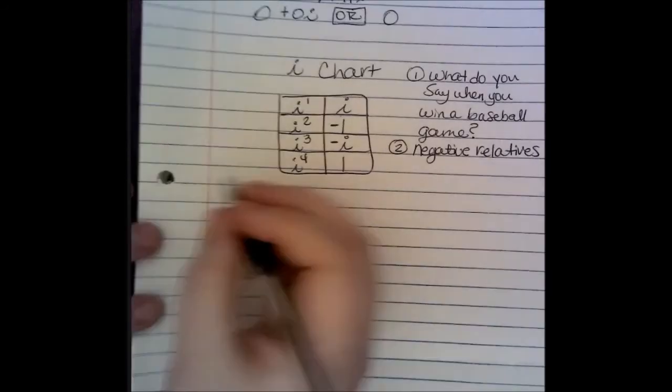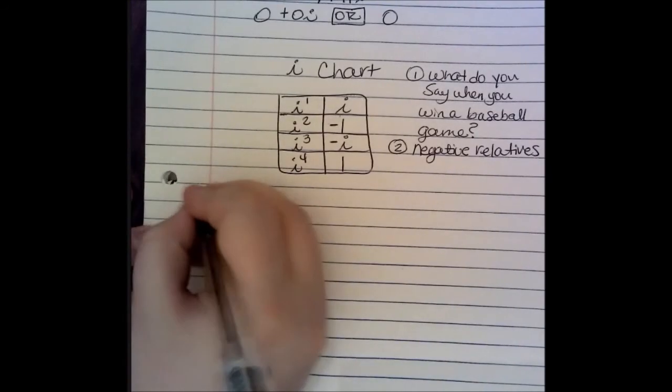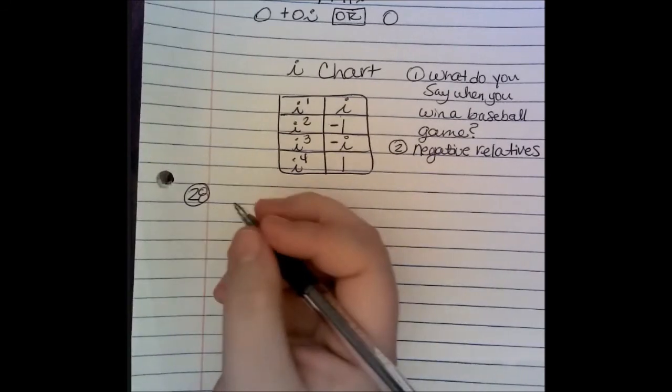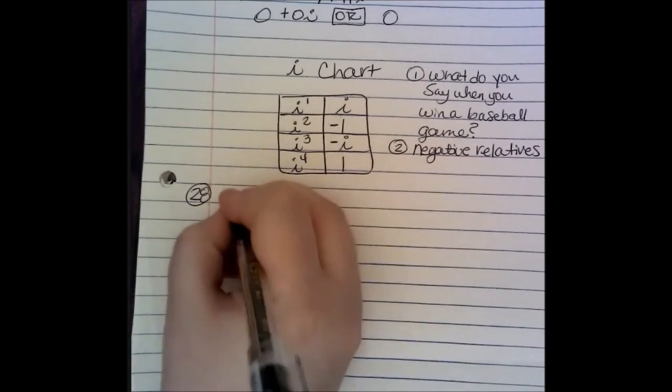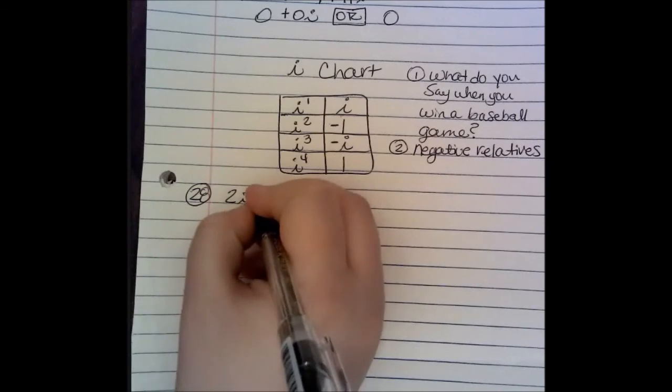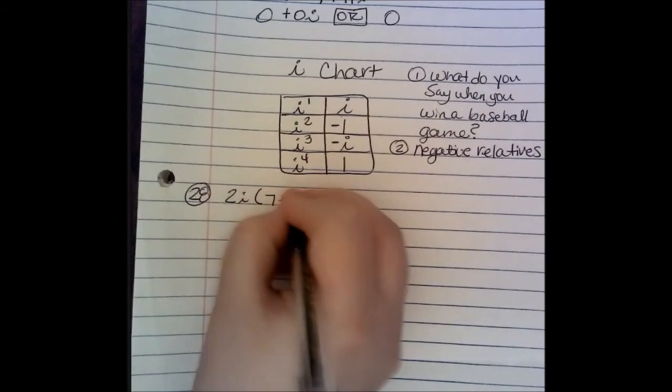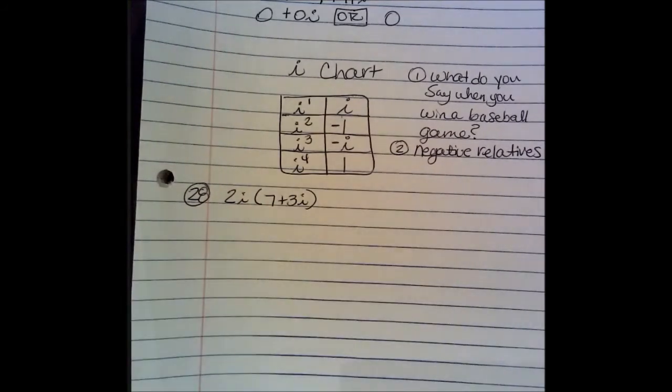So when we look at number 28, we have 2i, and then in parentheses, 7 plus 3i. So this should look very familiar to you because this is your distributive property. The directions state to find each product and write your answer in standard form.